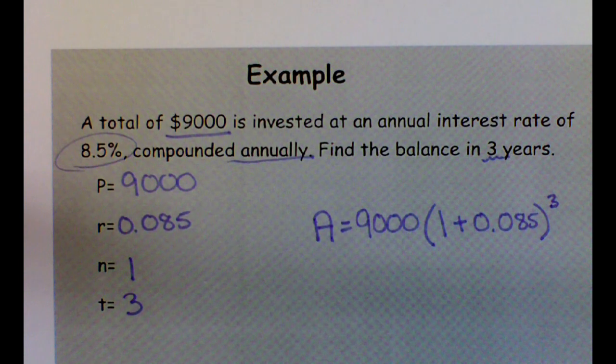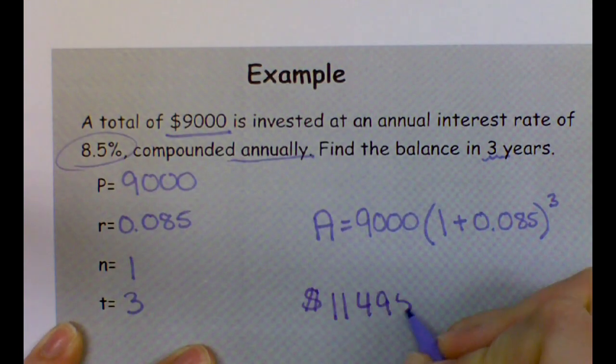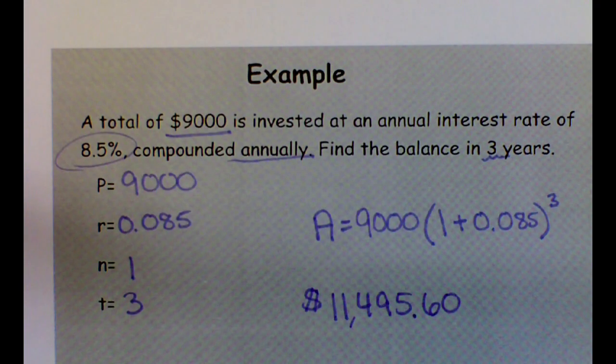I type this in my calculator. 9,000 times, make sure you put in your parentheses, 1.085 to the 3rd power. I get... remember, we're dealing in money, so 2 decimal places here.